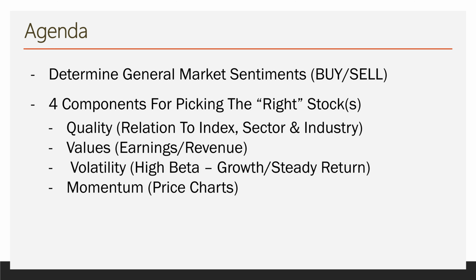This has to do with comparing the index with the sectors and selecting the best sector. Then you compare the sector with the industries and pick the right industry. Then from there you compare the stocks to find the best one.